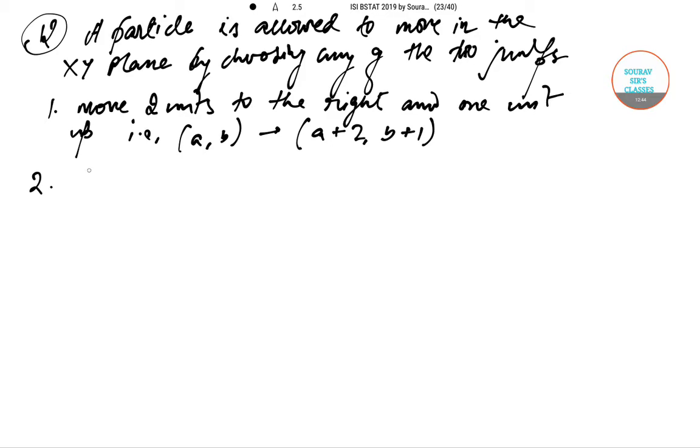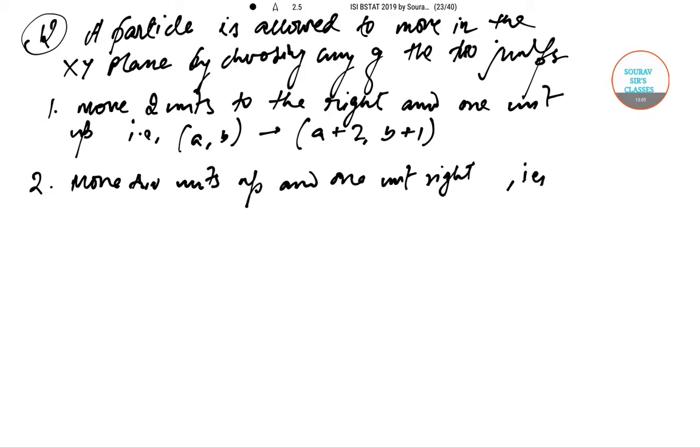or the second jump is move 2 units up and 1 unit right, that is (a, b) to (a plus 1, b plus 2).